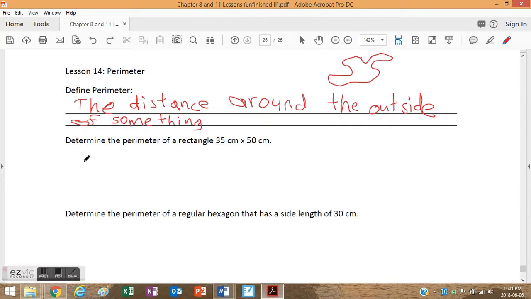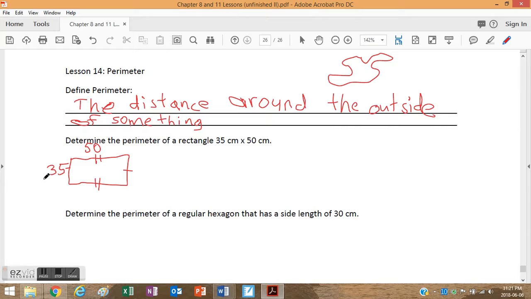It's obviously not going to be life size here, nor are they perfectly straight, but that's okay. 35 on these two sides, and 50 on the top and the one down here. Again, I'm using those ticks just to help me remember that these two opposite each other are the same, and these two opposite each other are the same.